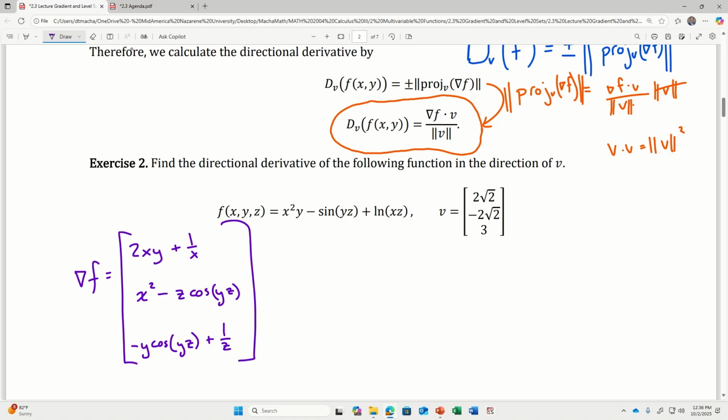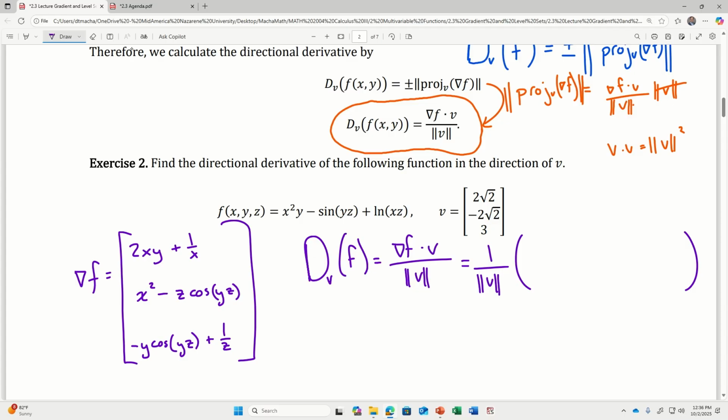So that's my gradient. And then to get the directional derivative in the direction of v of f, we've got to take the dot product between that gradient and v and divide by the norm of v. So this is going to be 1 divided by the norm of v. We'll find that here in a minute. And then let's calculate that dot product.